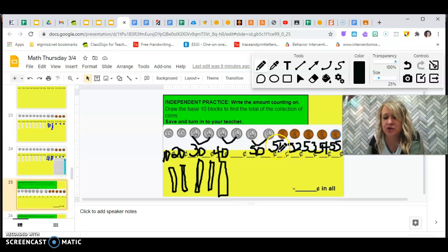How many units are we going to draw? 1, 2, 3, 4, 5. How many tens do we have? 1, 2, 3, 4, 5. How many ones do we have? 5. So now we have 55 cents in all.